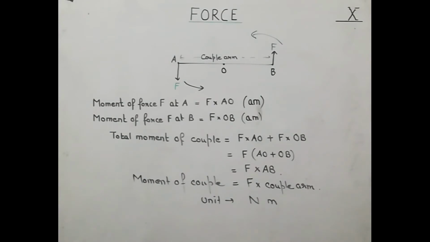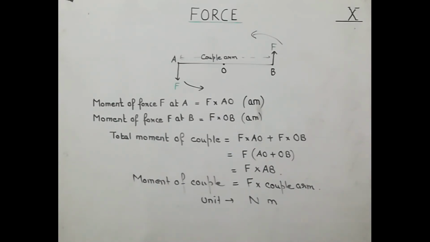So is it clear? What is couple? When two equal and opposite forces act on a body not having the same line of action, they form a couple. And how do we calculate the moment of couple? Because couple also produces rotational motion.